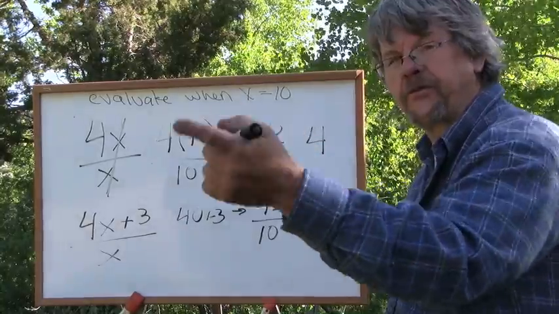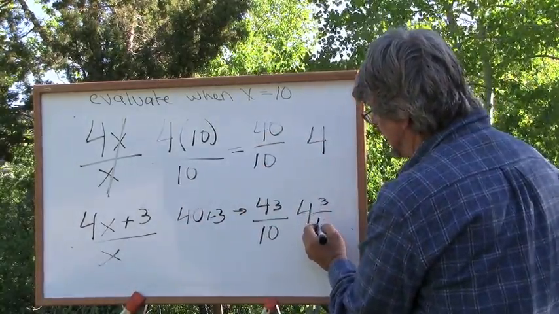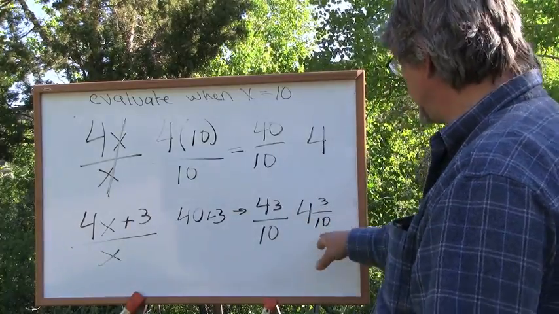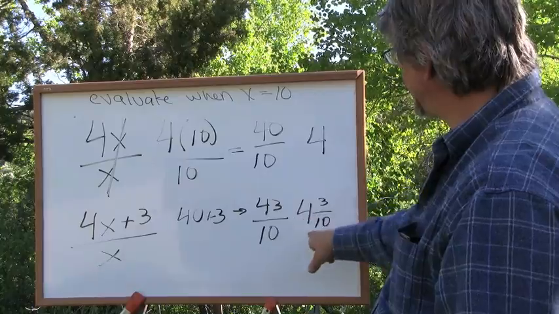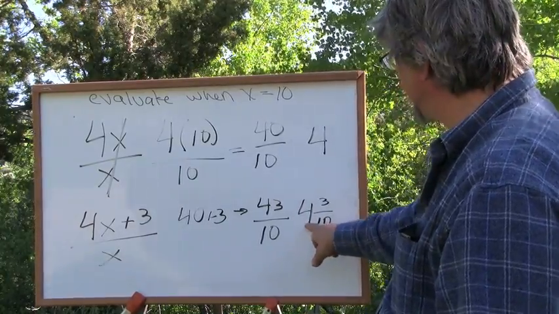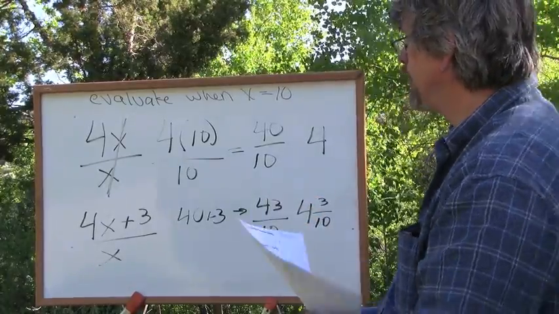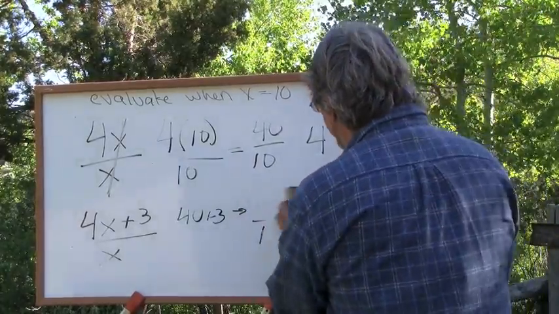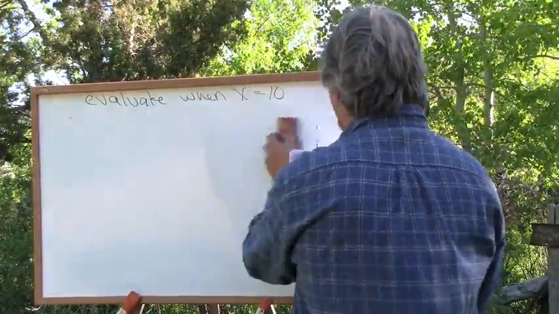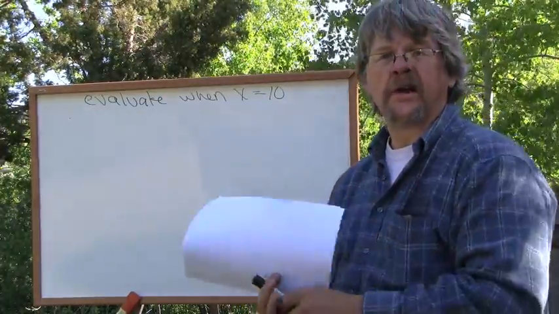What's the difference between 43 and 40? 3. 4 and 3/10, right? So 4 and 3/10. There's your mixed number. You multiply these two together and add this one. Denominator down. 4 times 10 is 40, plus 3 is 43/10. As we begin to combine operations, it gets easy and it gets fun.